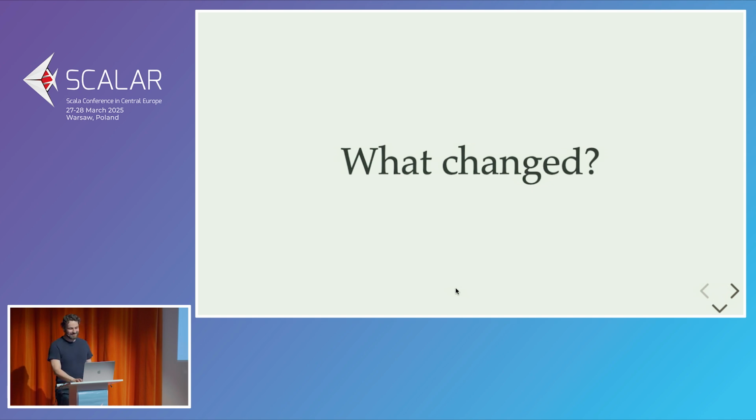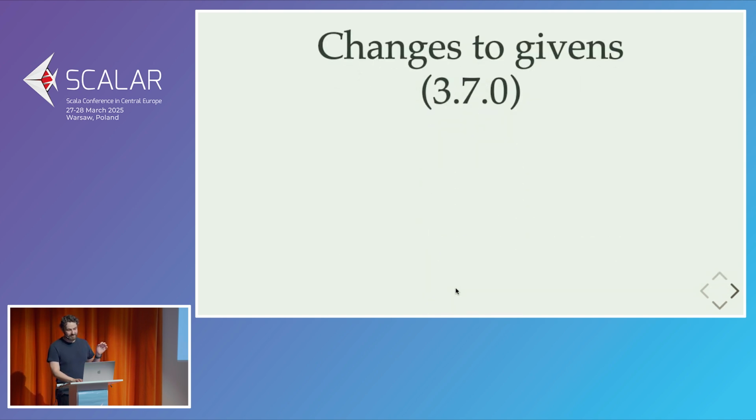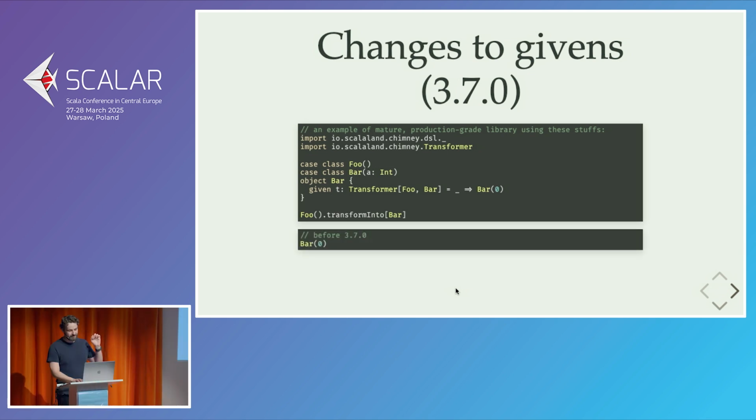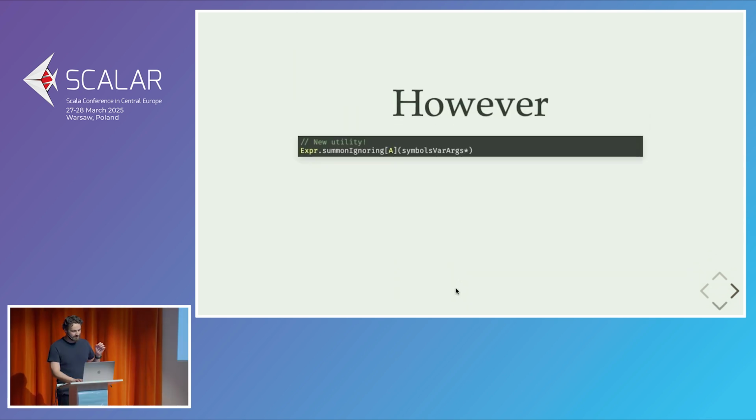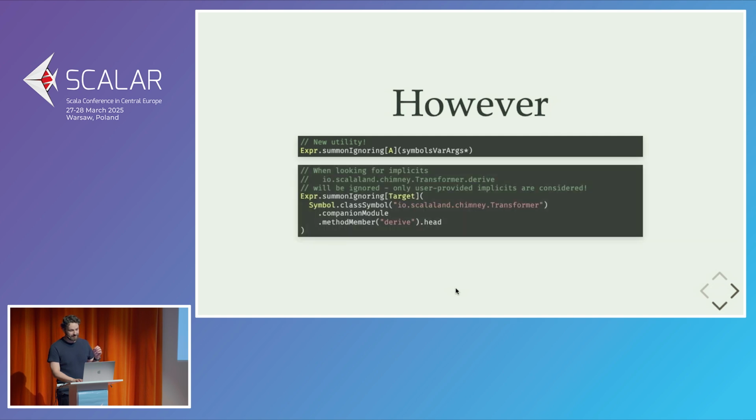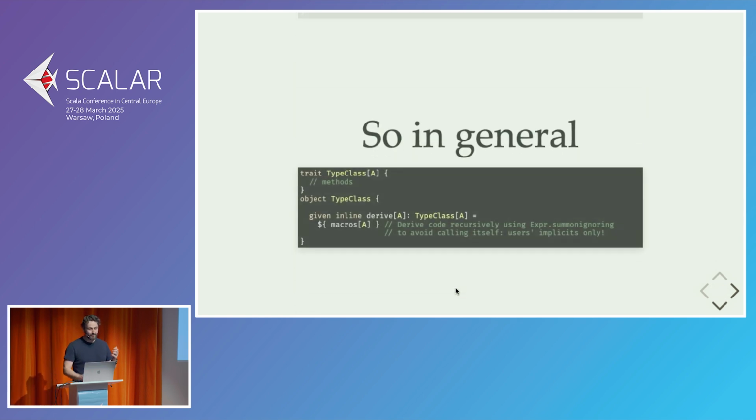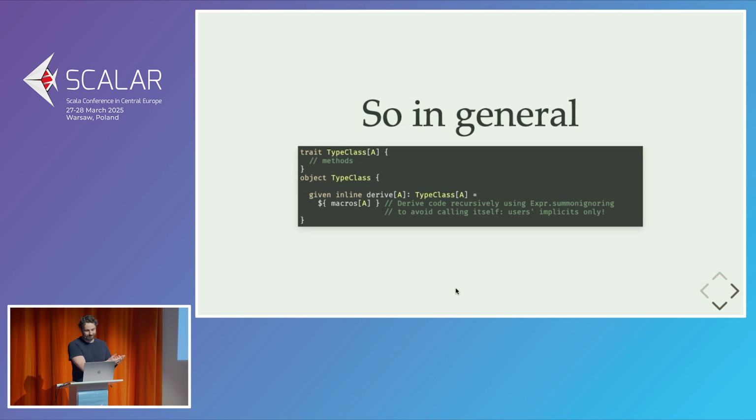Yeah, yeah. So if you are just curious whether something changed since the last version of Scala, then on Scala 3.7, this pattern of mine stopped working. However, the compiler team was so good that they gave us some utilities that let me write much more direct code. So I could fix the code so that it again works on Scala 3.7, even though there were changes to how givens work.